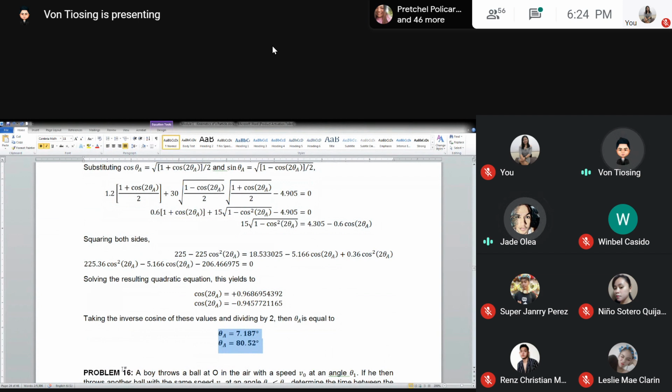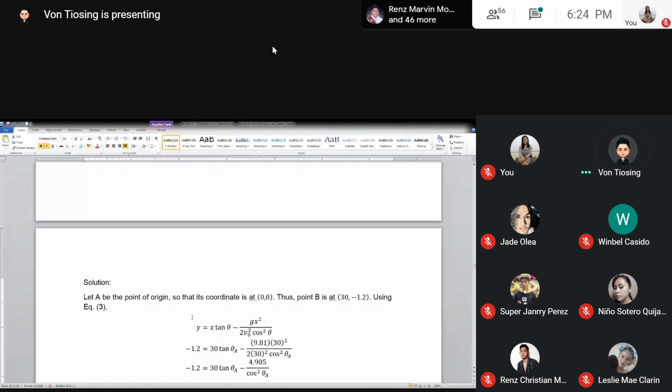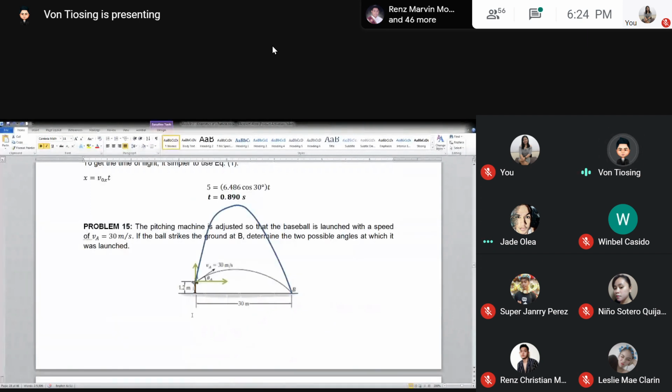Ay, hindi po lalagpas ng 90 degrees yun, kasi hindi siya pwedeng lumagpas ng 90 degrees. Actually, hindi rin siya pwedeng maging 90 degrees. Ibig sabihin, pag may napalabas ka na 90 degrees, there must be a problem on your solution.